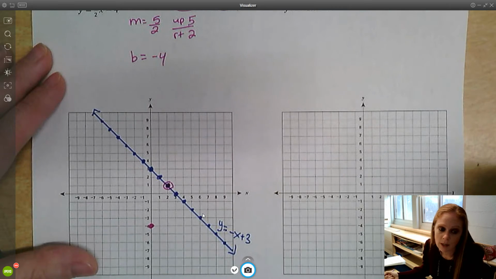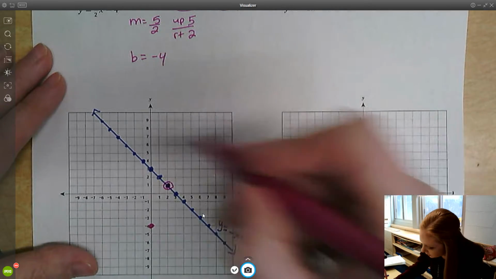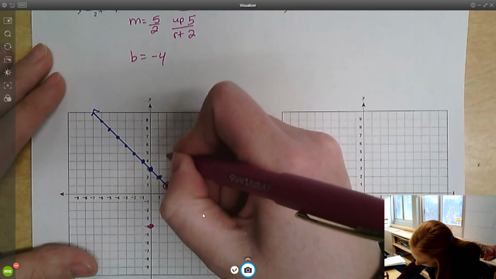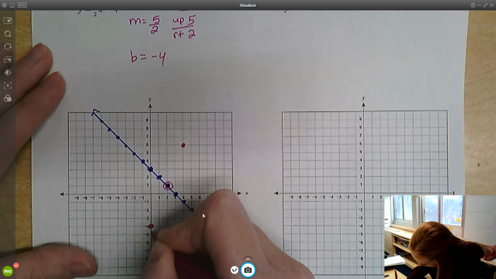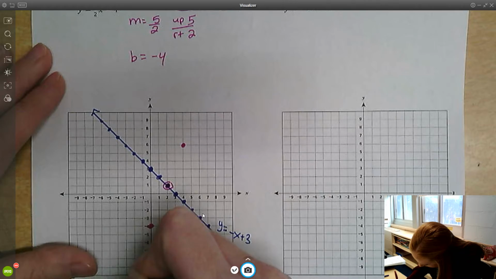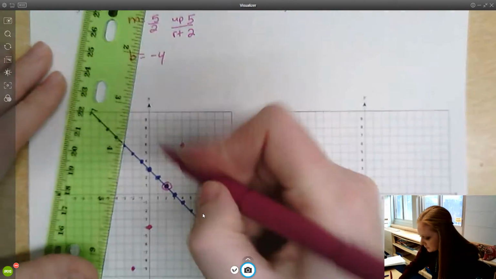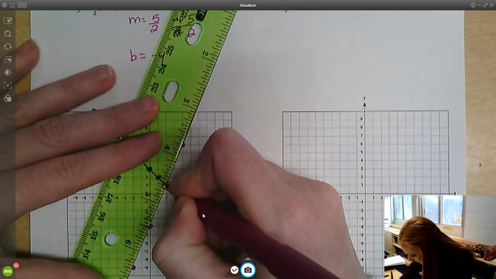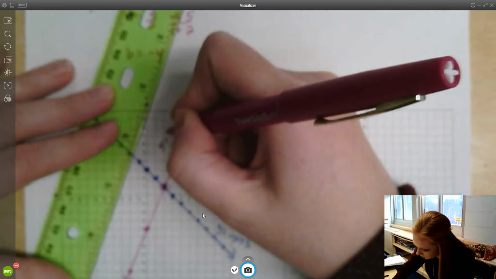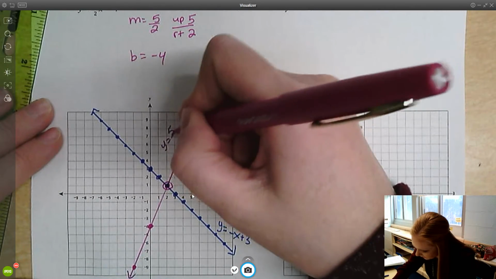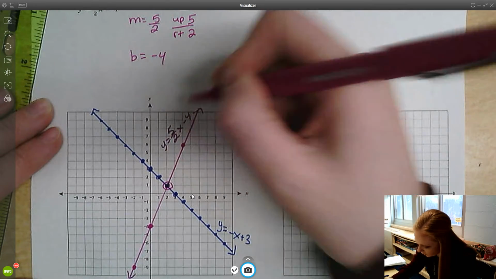I already noticed that I plotted a point in the same spot, so I'm going to circle it. Up 5, right 2, down 5, 1, 2, 3, 4, 5, left 2. Label it y equals 5 halves x minus 4.